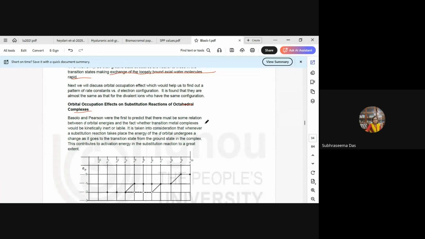Now we will see the orbital occupation effects on substitution reactions of octahedral complexes. What is the effect of the orbital occupation on the substitution reactions?